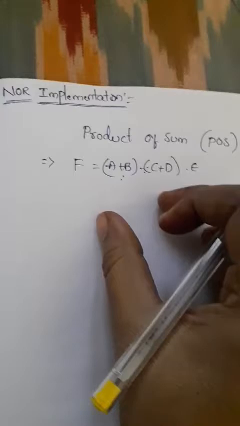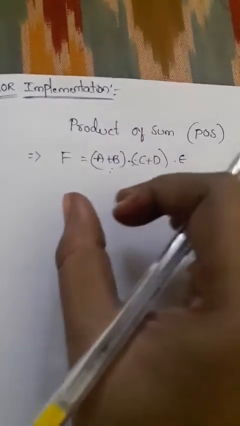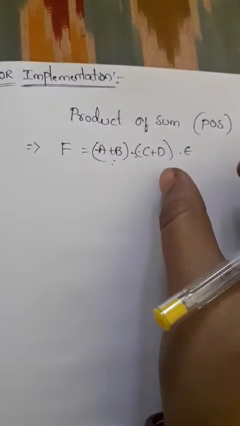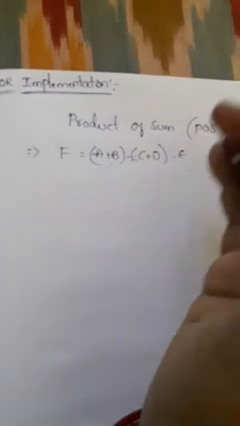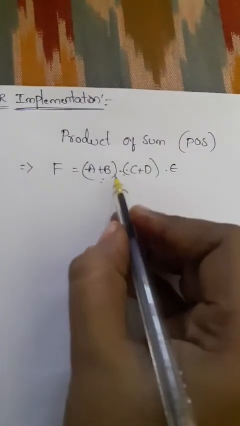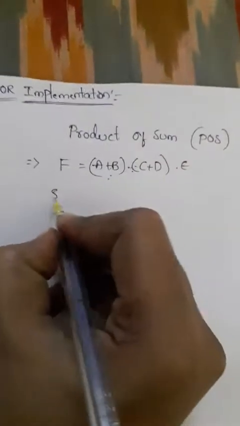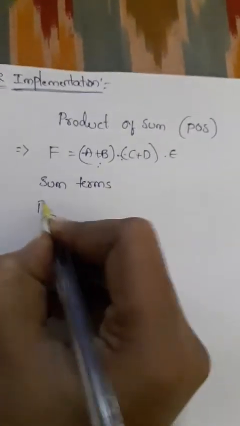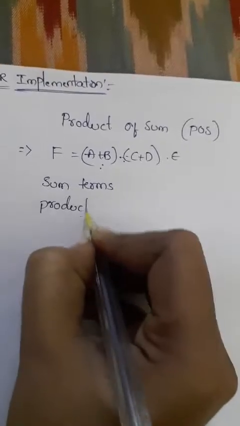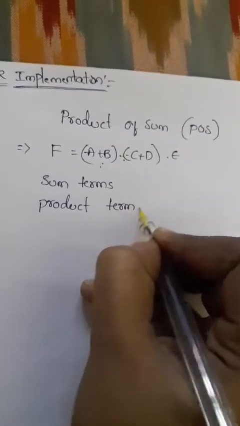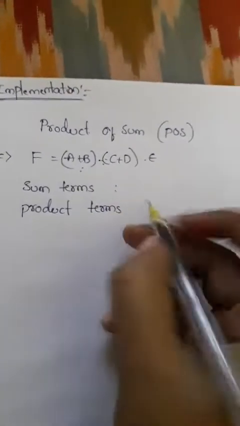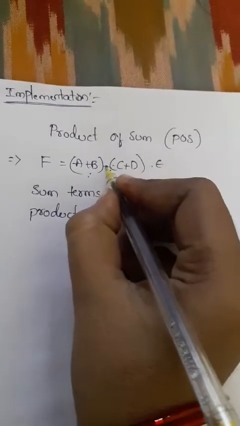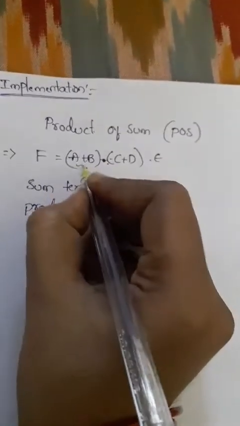In this expression we have two kinds of terms: sum terms and product terms. The product term is this, and the sum term is this.